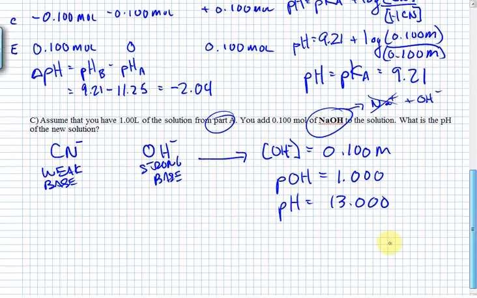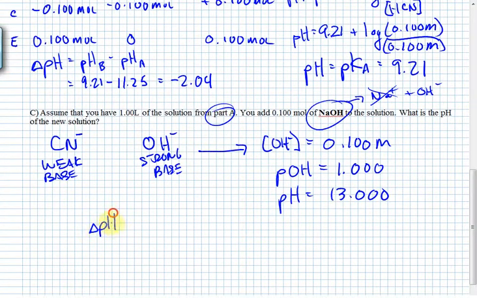Again, my change in pH this time, my final solution, 13 minus 9.21. Okay, that's going to be 3.89 is the pH change. Again, significant pH changes in both situations.